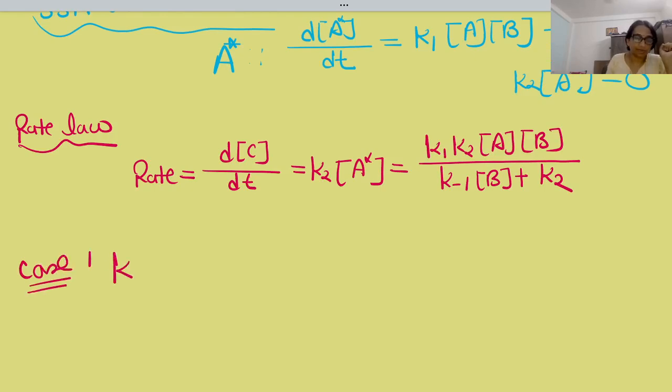Case number 1: K minus 1 is much greater than K2.